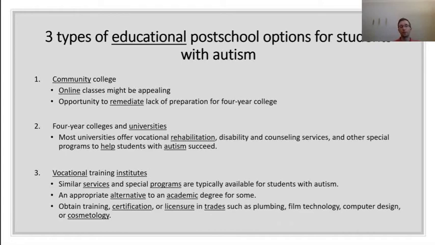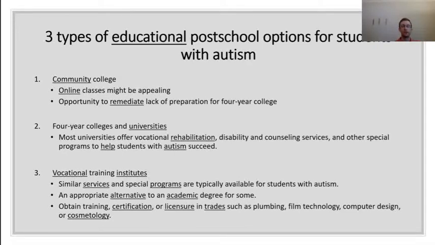There are also vocational training institutes. They have similar services and special programs available to students with autism, that is, services and special programs that are similar to those they might find at a 4-year college or university. It could be an appropriate alternative to an academic degree for some.